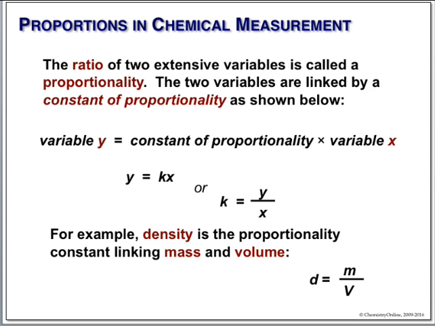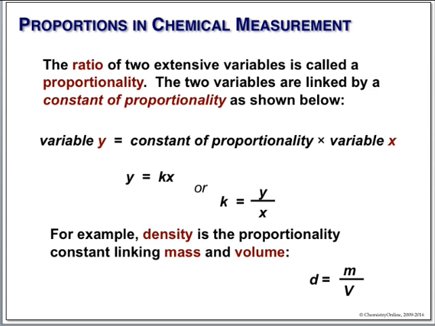So let's pay attention. If we have 2 variables, say an x and a y, they each have some value. There is always a constant that you can stick in to make x and y equal. There's always a constant of some sort, called a constant of proportionality.